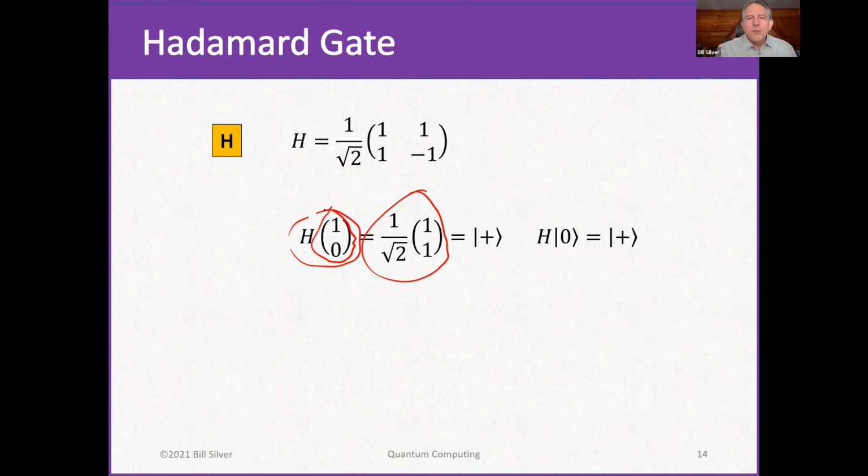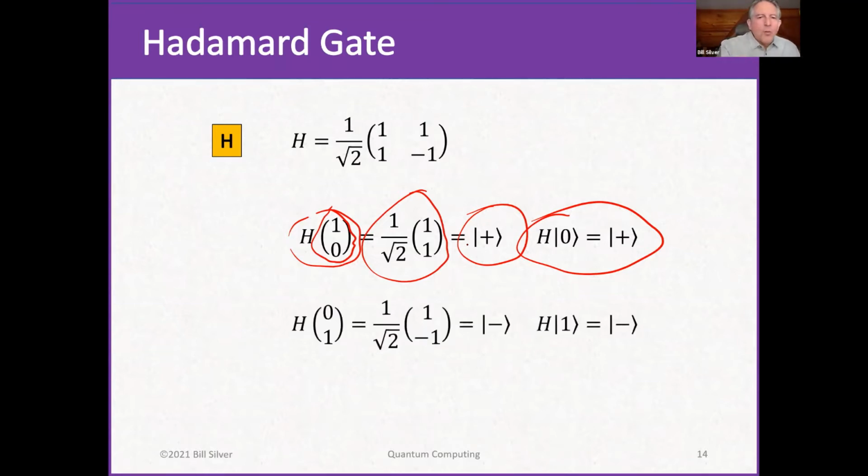There's a shortcut symbol for this equal superposition, and that's it right there. In the simplified form, I can write it like this: if I need an equal superposition, I start with a 0 state and apply the Hadamard gate. Similarly, if I start with the 1 basis state, what I get is also an equal superposition of amplitude, but a phase difference of pi, because -1 is the same thing as a pi radian phase difference.